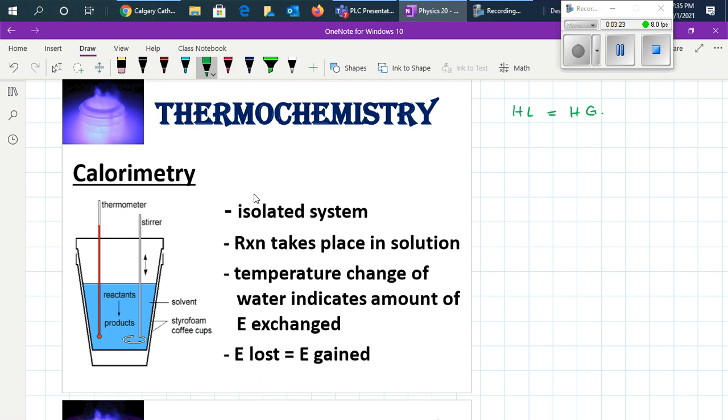So during that chemical change, the reactants forming the products, the water changes temperature, and this change of temperature of water is an indication of the amount of energy that is absorbed from breaking the bonds in the chemical system.